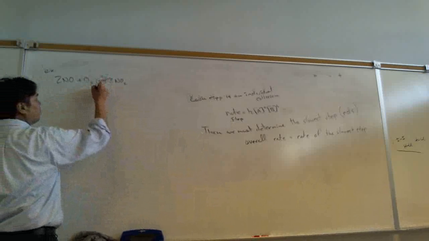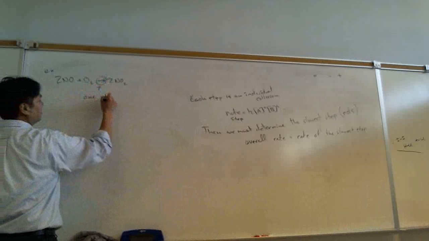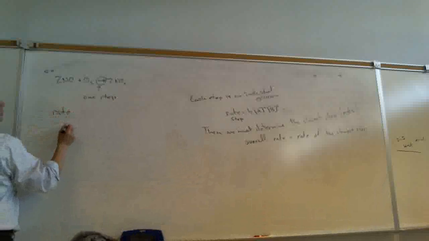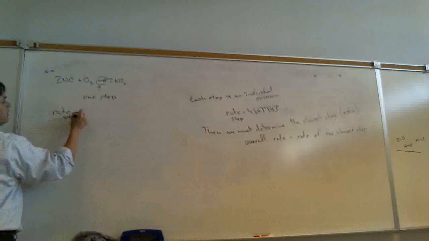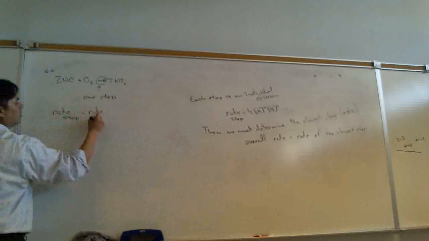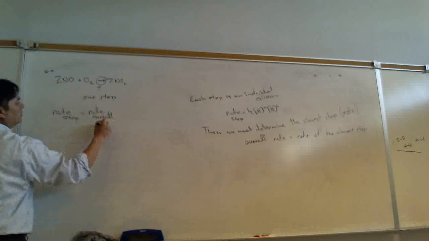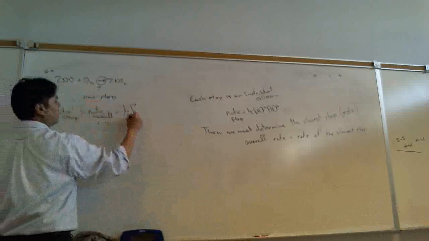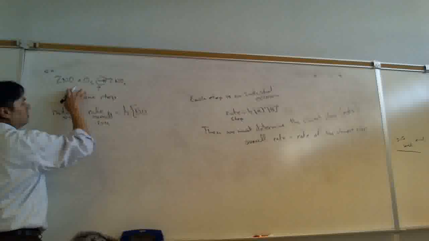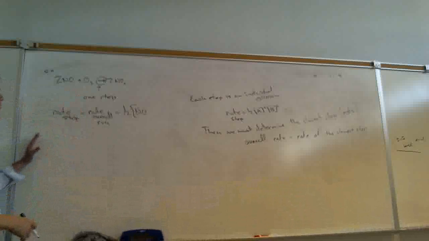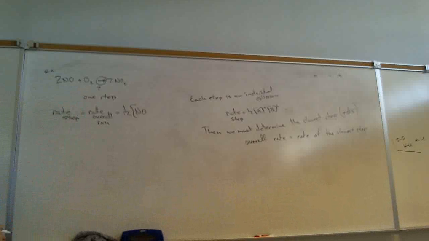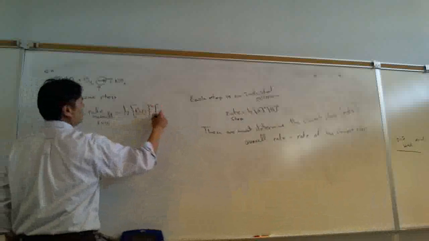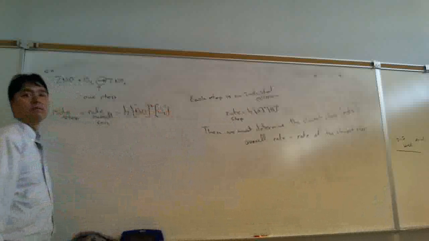If this were one step, then the rate law is pretty simple. The rate law for this step is equal to the rate of the overall reaction, which is equal to k times [NO]. Now we need two NO molecules to sync up, so it depends on the left NO and the right NO. If we double the NO, there should be a square dependence. So it would be [NO] squared times the O2 concentration.